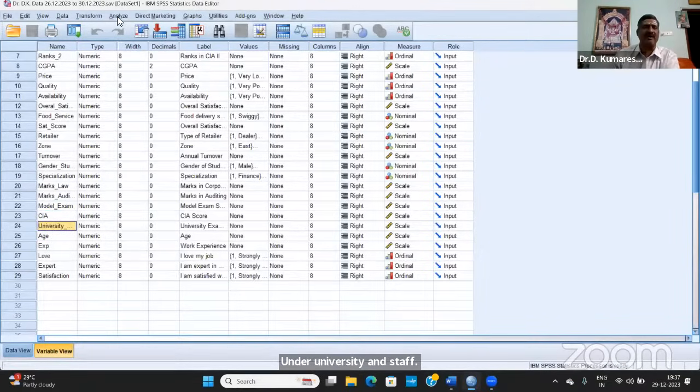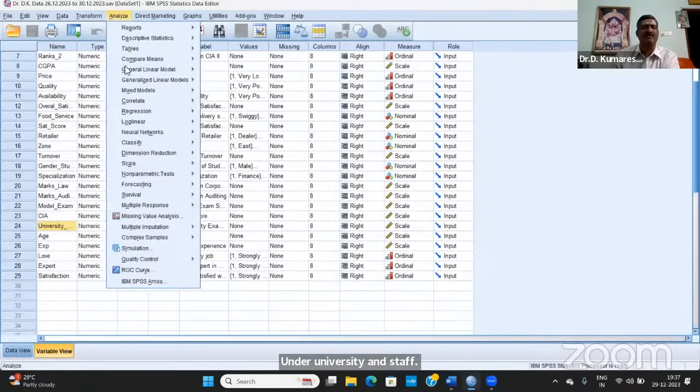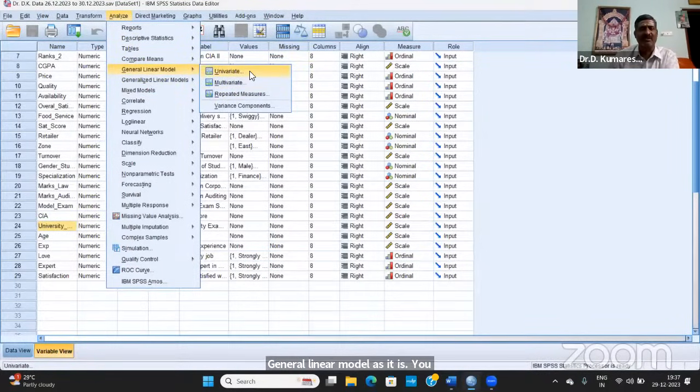We go to Analyze, General Linear Model, Univariate, the same as what we did yesterday for two-way ANOVA.